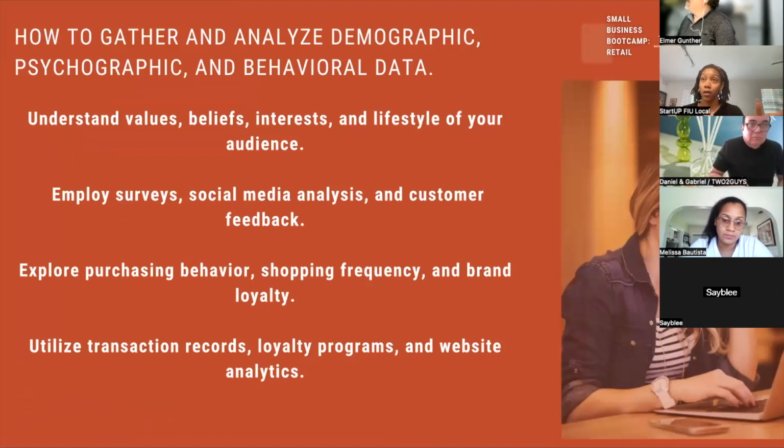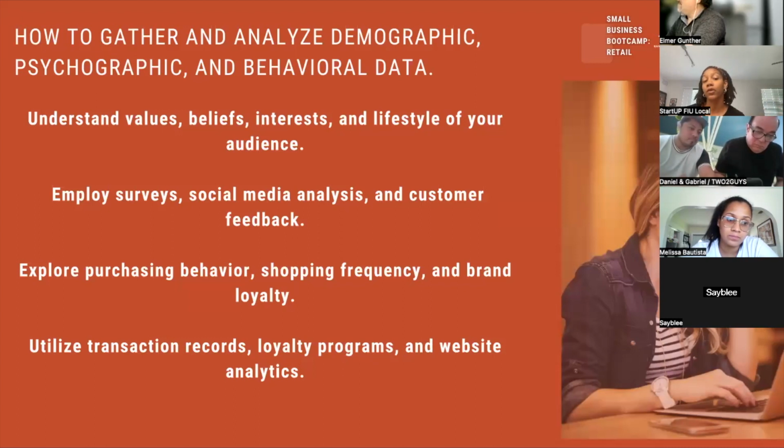We've talked about the number part of it, about being quantitative, making sure it's measurable, but there's also information around beliefs, interests, values, lifestyles that you can gather from your social media audience. You can find that information through surveys. If you're more advanced, you can do it through social media analytics, or you can simply look at your customer feedback to determine how they feel about your product.